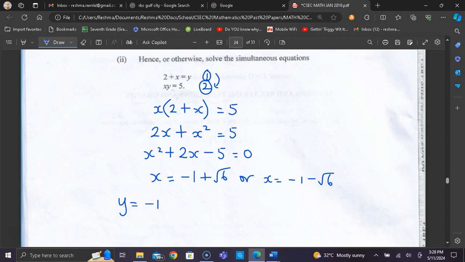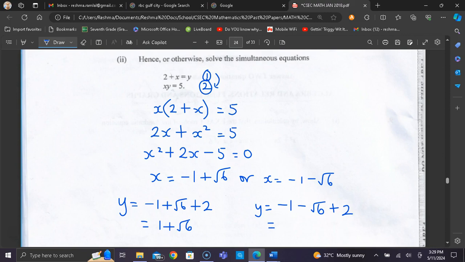So, to get y, we will just need to add 2 to each of the answers. So, -1 plus square root of 6 plus 2. So, we add the constants, -1 and 2 will be 1 plus the square root of 6. And then the other value of y, we add 2 to that. -1 minus square root of 6, add 2.